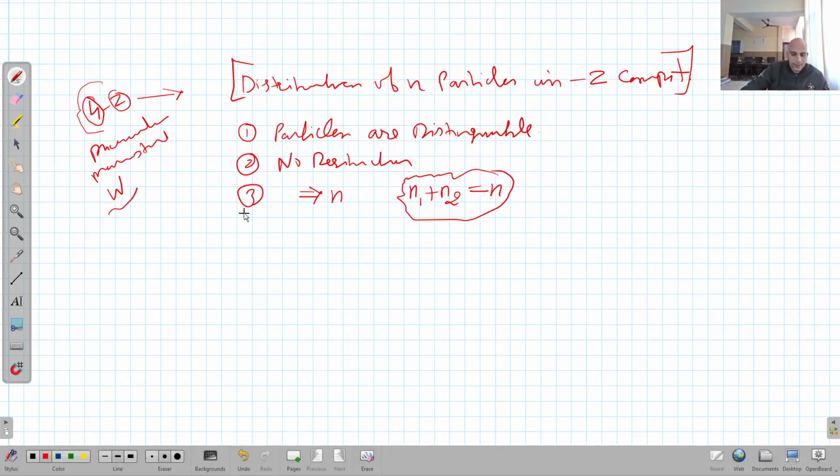So for it, let's consider two compartments of equal size.